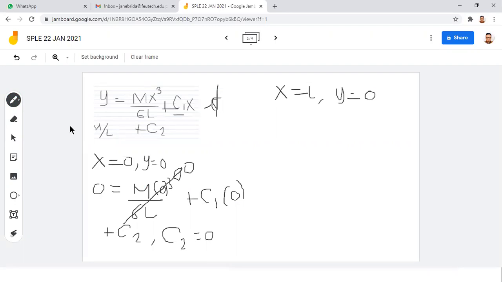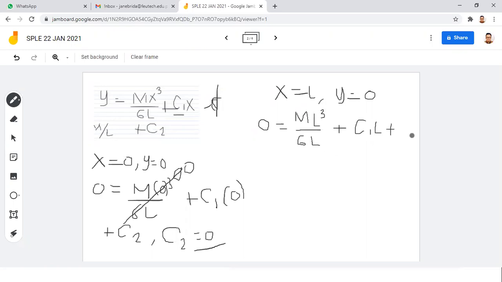So we substitute: 0 is equal to mL cubed over 6L, plus C1 times L, and then earlier we calculated that C2 is equal to 0.